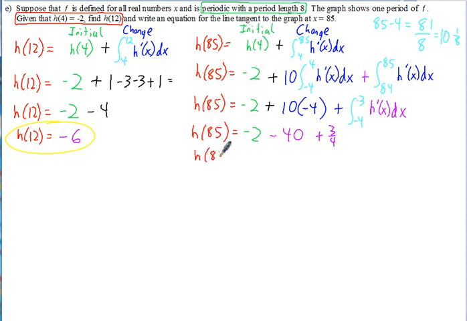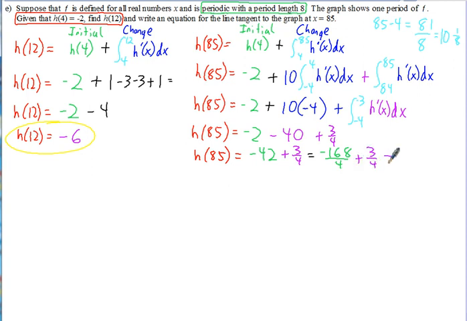So we get h of 85 equals negative 2 minus 40 is negative 42 plus 3/4. If you get a common denominator on there, 4. Okay, well that's negative 42 multiplied by 4, negative 168 over 4.